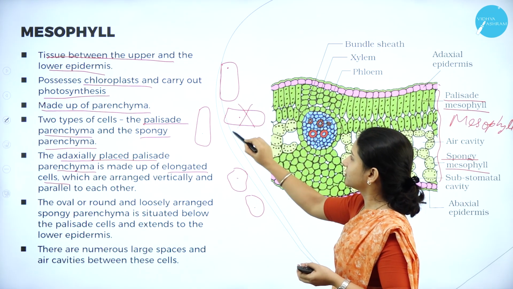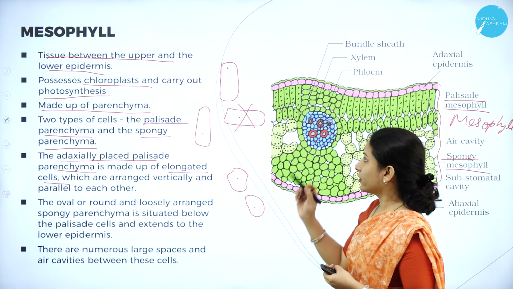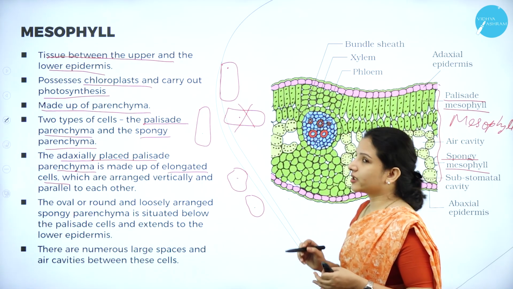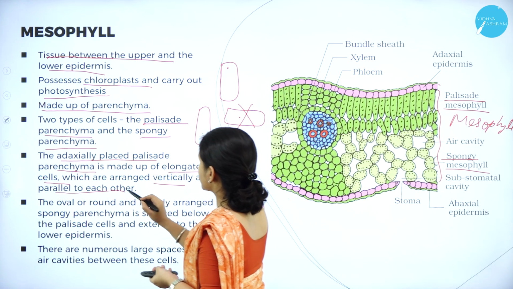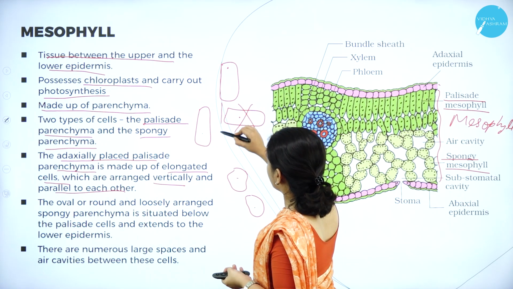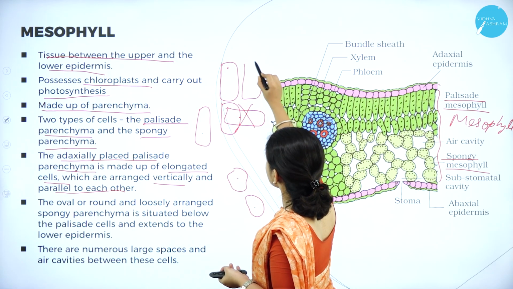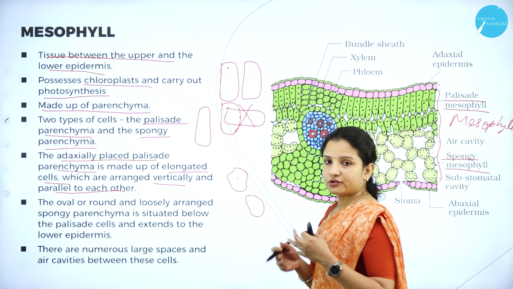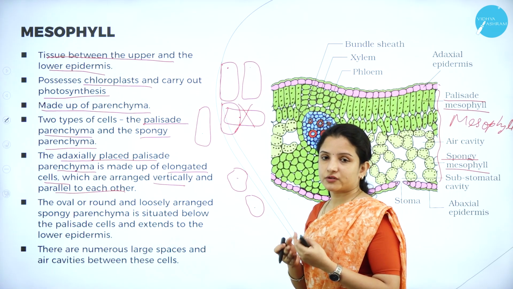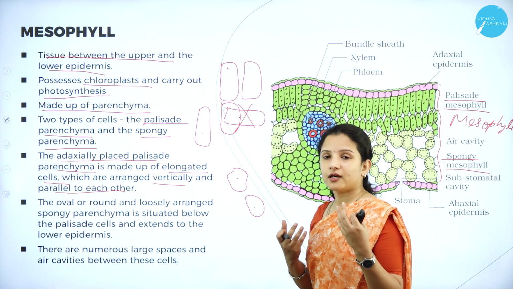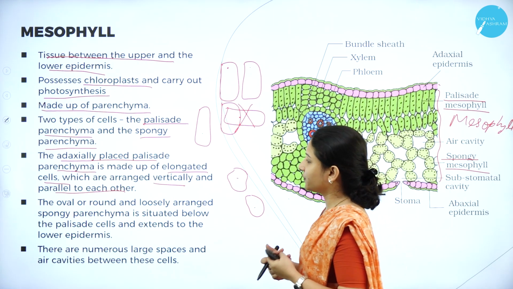It is not arranged horizontally, but it is arranged vertically, and they are parallel to each other. They are arranged vertically close to one another with a little bit of intercellular spaces, because we all know that parenchyma cells are loosely arranged with intercellular spaces.